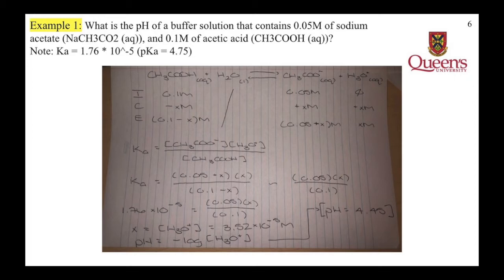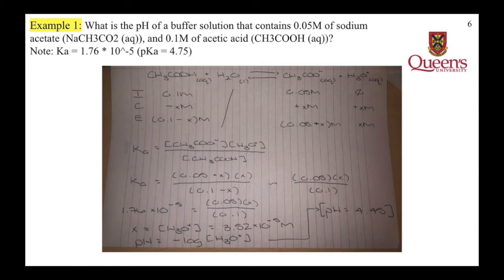After you fill in your Ka expression with the values from your ICE table, you should get (0.05 plus x) times x divided by (0.1 minus x), but because these numbers are small, x is negligible, so the expression actually changes to 0.05 times x divided by 0.1 to make it easier to find your answer.